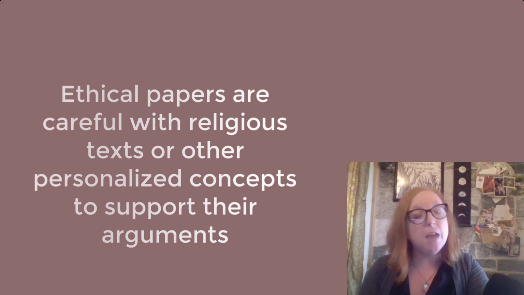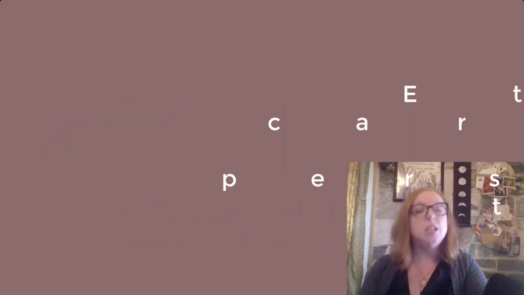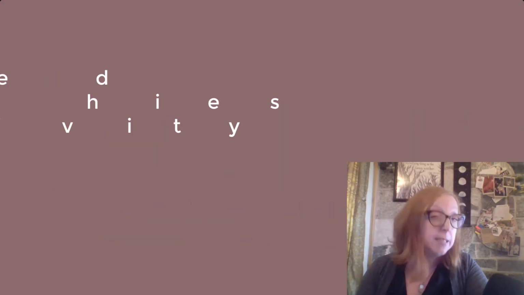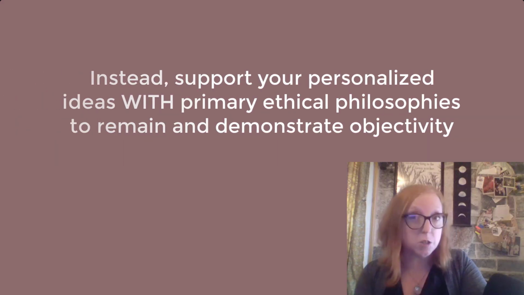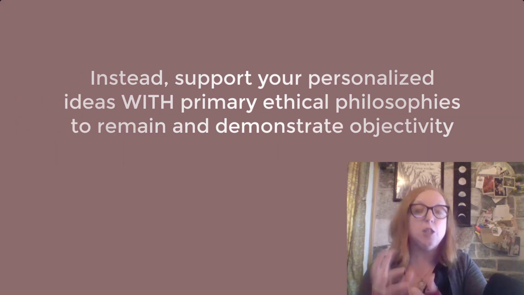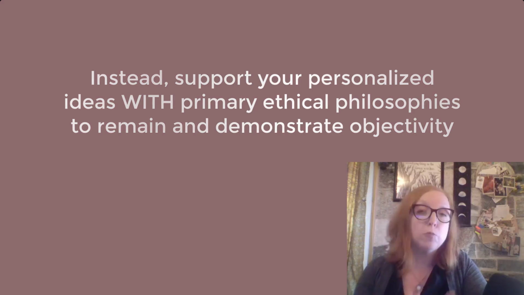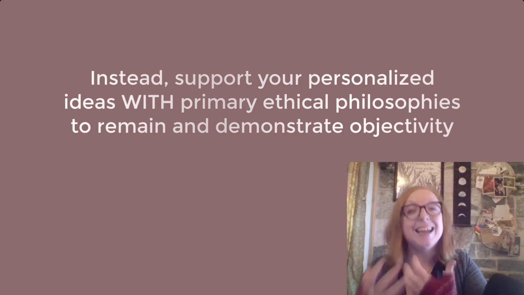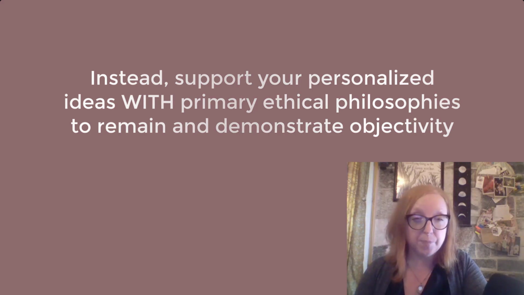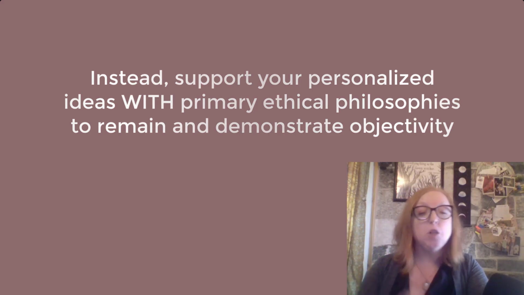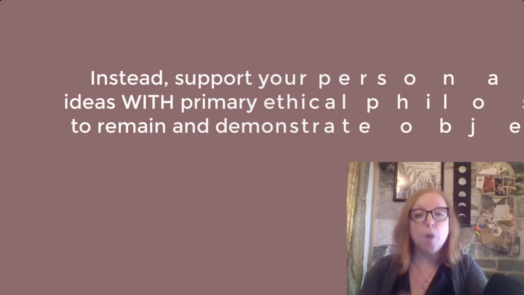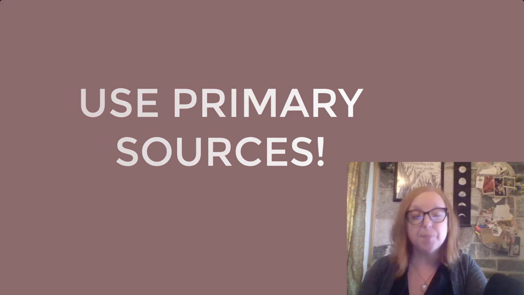Instead, apply those primary ethical philosophies in conjunction to any religious texts you might wish to bring into the situation, and use those primary ethical texts to support whatever religious text might be delivering a similar message, because religion is highly subjective. Next, use evidence again from primary texts and not from personal feelings.